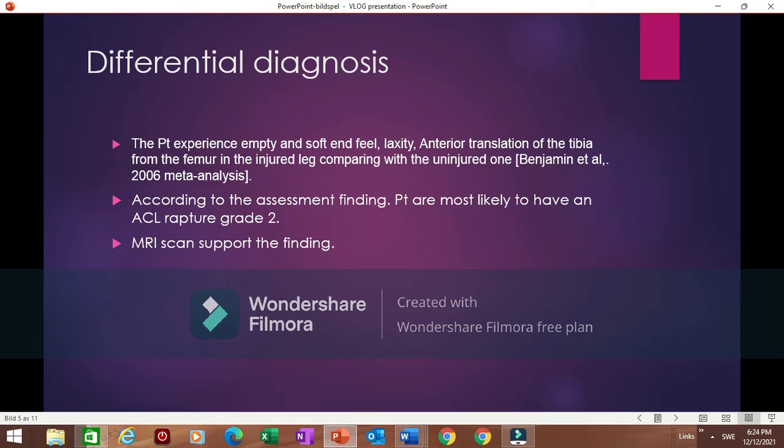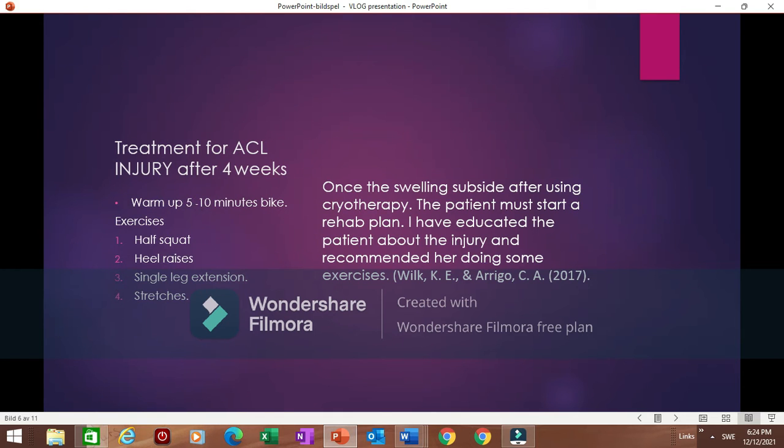So according to the assessment findings, the patient most likely has an ACL rupture, grade 2. MRI can support the finding.